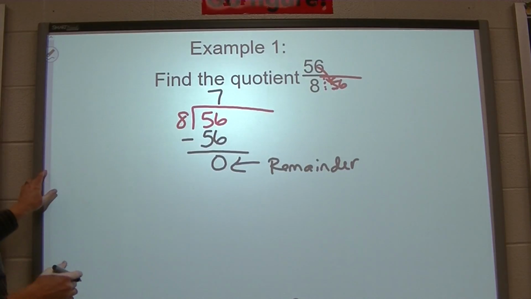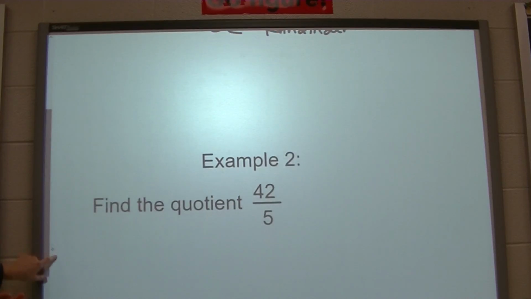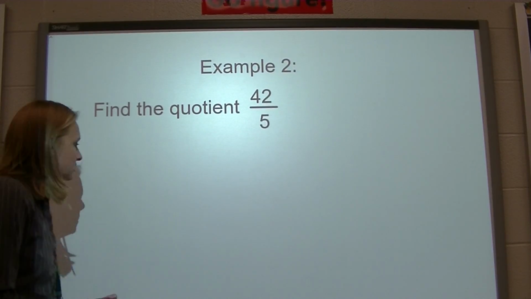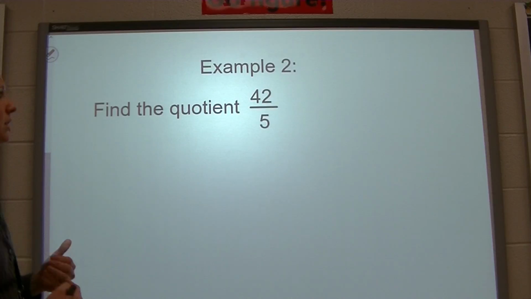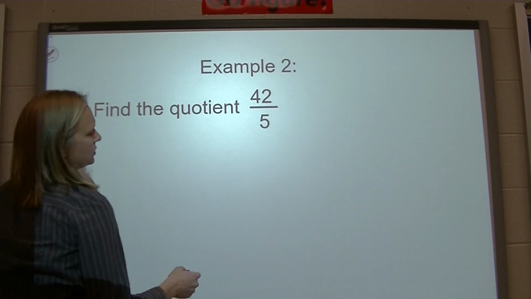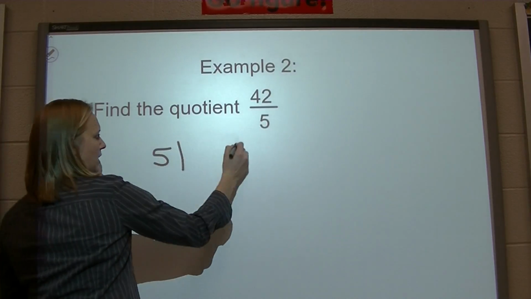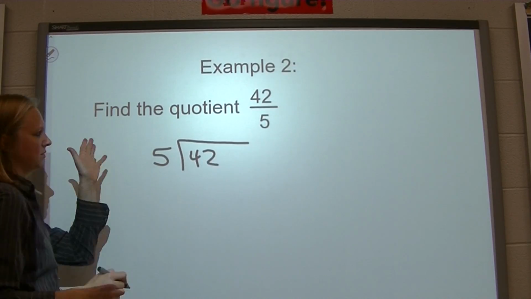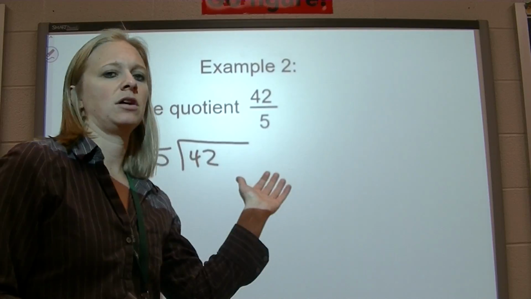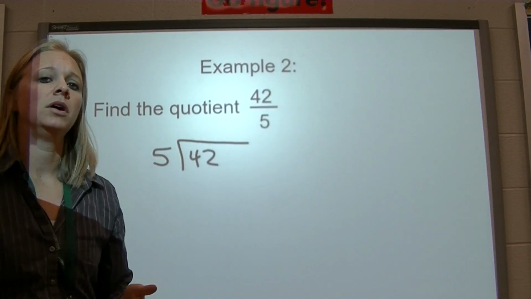So basically then, example 2 here, let's do one where you have a remainder of a number. This says find the quotient of 42 divided by 5. So again, this breaks, the 42 falls in the trap, so it's set up like this. How many times can 5 go into 4? It can't. So how many times can 5 go into 42?